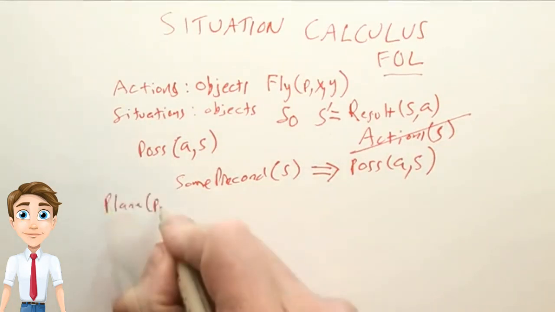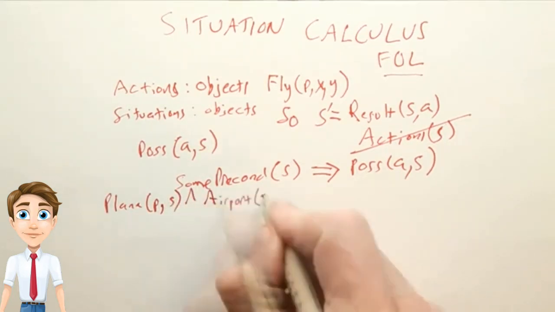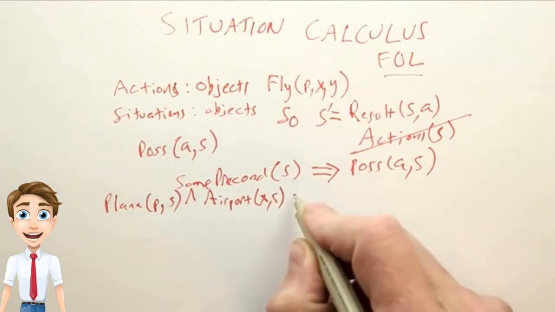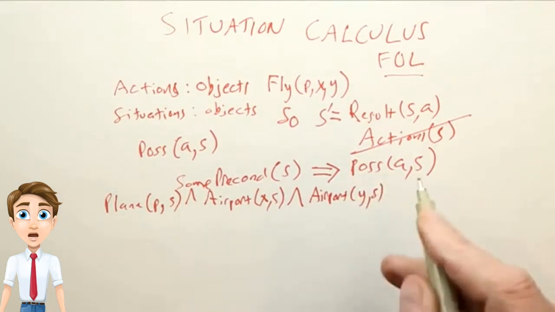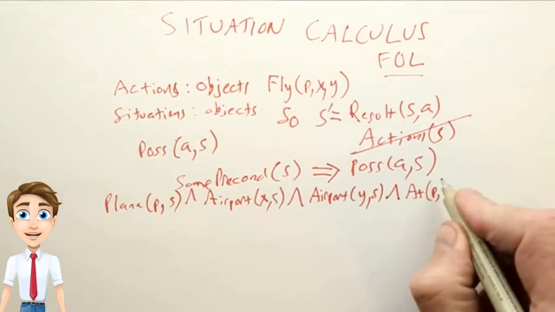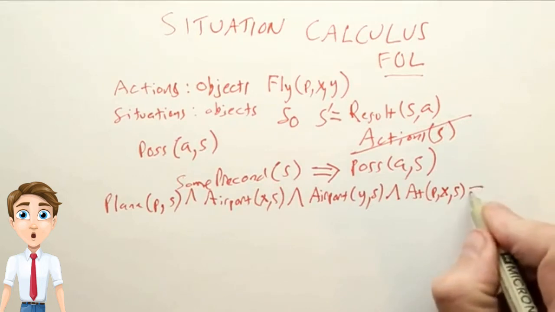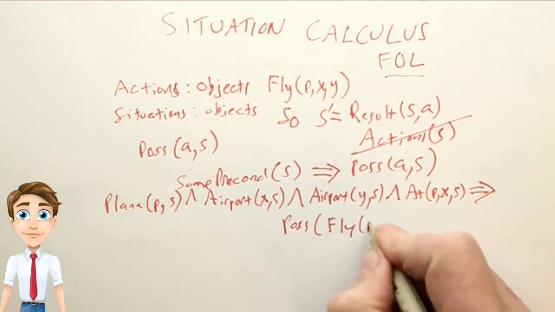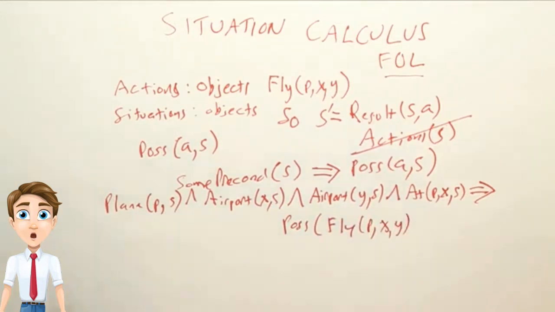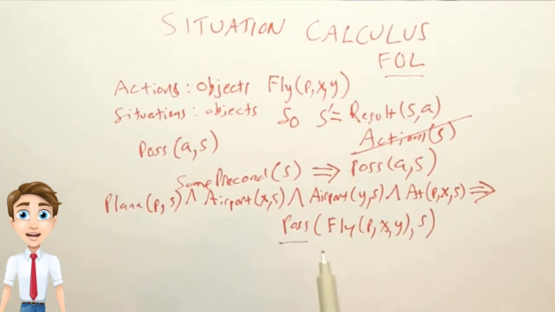We would say, if there's some P, which is a plane in state S, and there's some X, which is an airport in state S, and there's some Y, which is also an airport in state S, and P is at location X in state S, then that implies that it's possible to fly P from X to Y in state S. And that's known as the possibility axiom for the action fly.